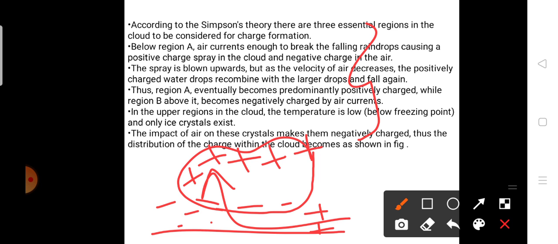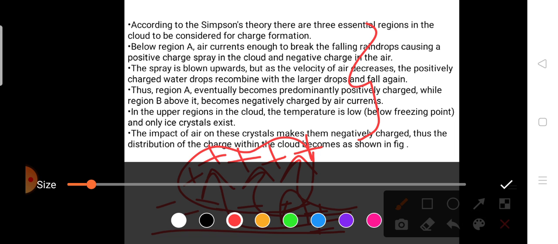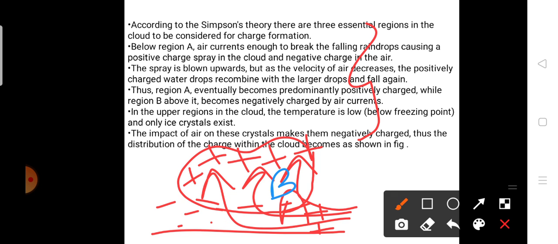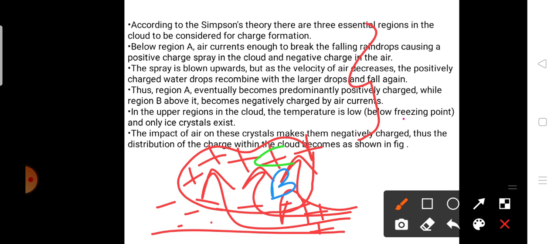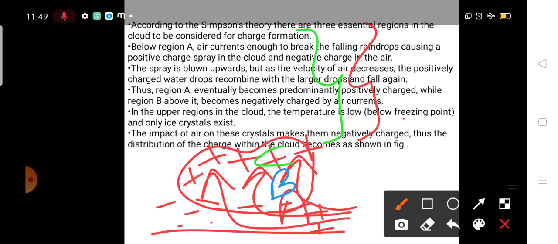Air currents are flowing like this. This is my region A. Above region A I have region B, above that I take my region C. So there are three regions. This explanation I have given you for region A.